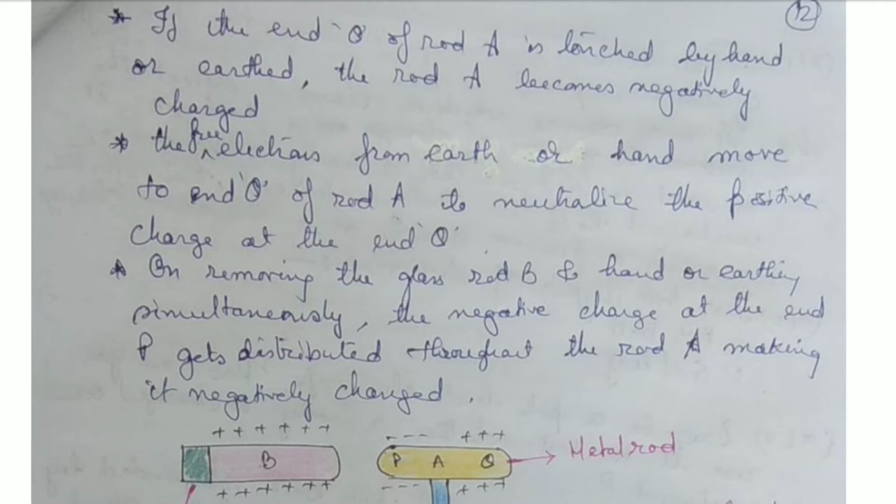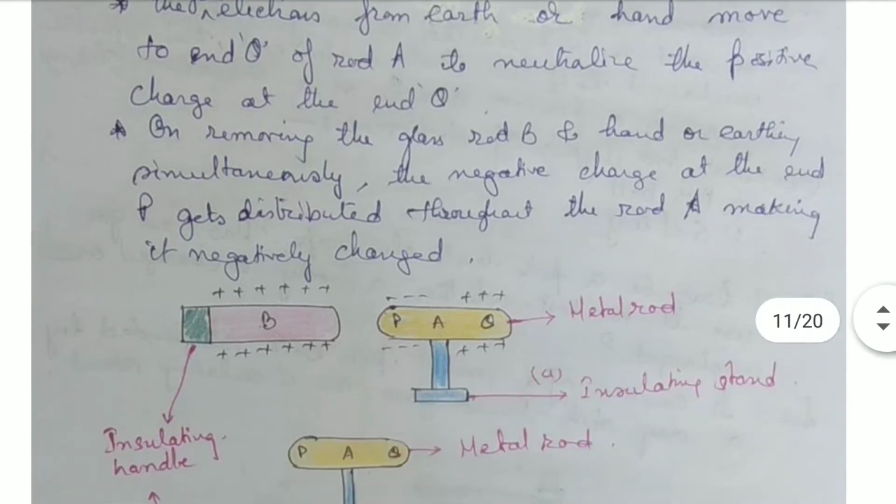So on removing the glass rod B and the hand or earthing, the negative charge at the end P will get distributed throughout the rod A, which will make the rod negatively charged.